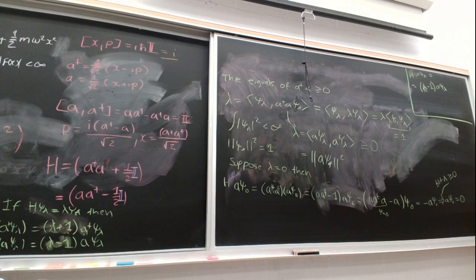If lambda is in between 0 and 1, then a psi lambda must be 0, but I just can't have a lambda between 0 and 1.